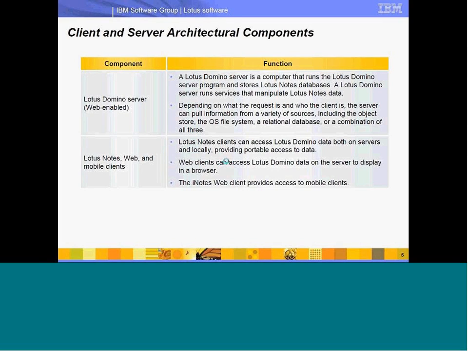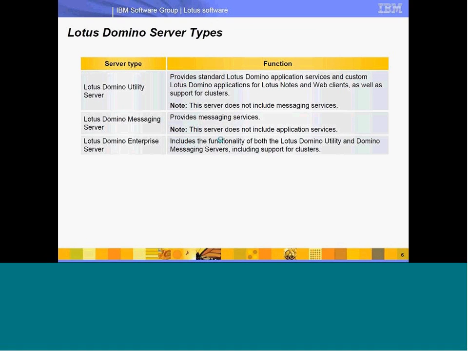This is the Domino terminology. This is your web client where you can access your mails. We already talked in a previous class about what types of servers are available: utility server, messaging server, and enterprise server.